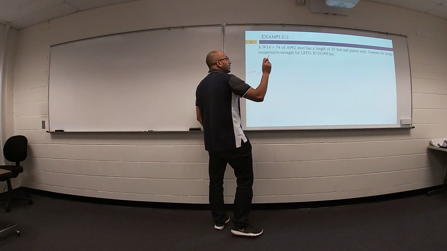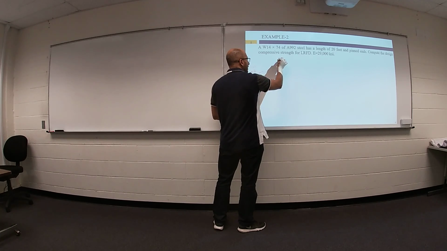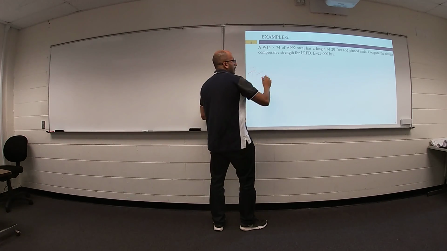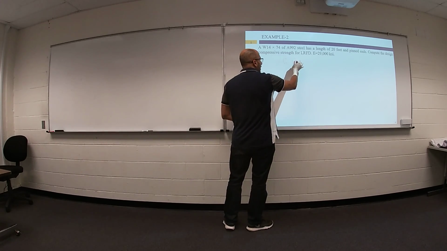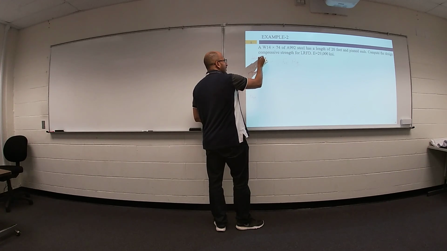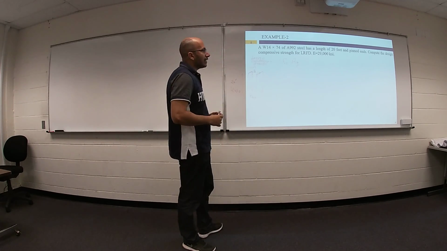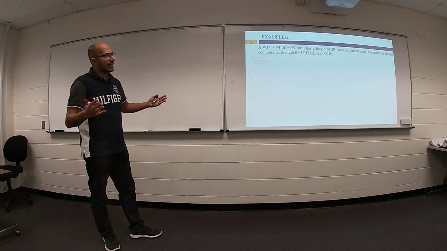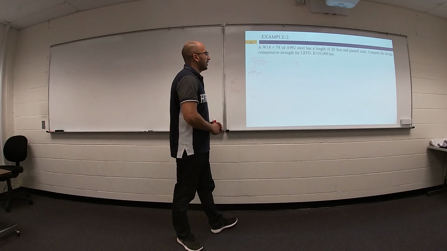To get your design compressive strength, phi times F critical times area gross equals your design compressive strength. Only one equation. We don't need to calculate any area net or area effective like a member under tension. Your member is under compression.